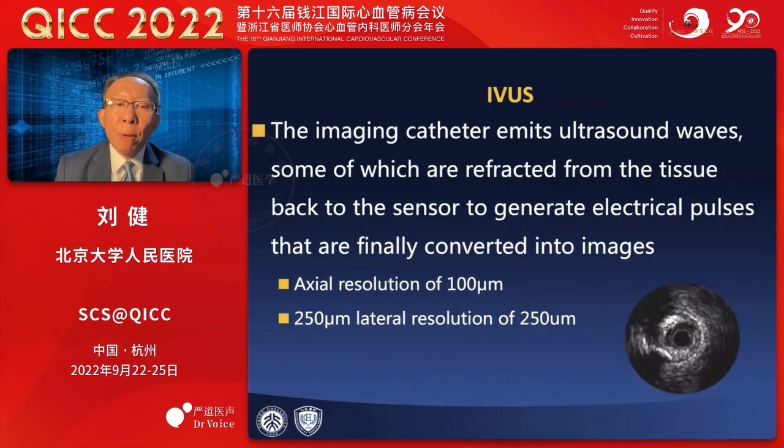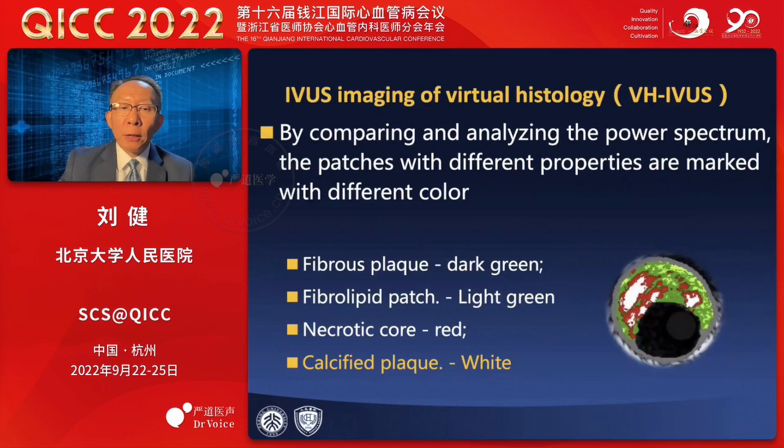And the IVUS is a very important tool to evaluate or detect the calcification. It actually emits the ultrasound waves, and some of that are reflected from the decibels, and then you have a very high resolution. So I think that's why IVUS is very good.